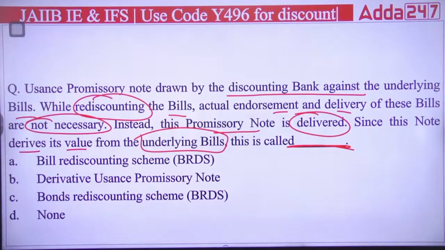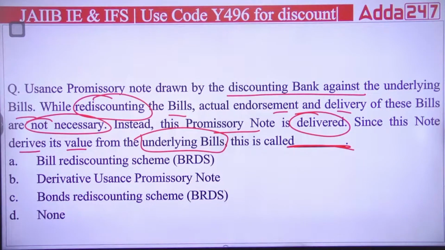Okay, so the right answer here is actually that this scheme is known as your BRDS, Bill Rediscounting Scheme. The scheme is named as a bill rediscounting scheme.